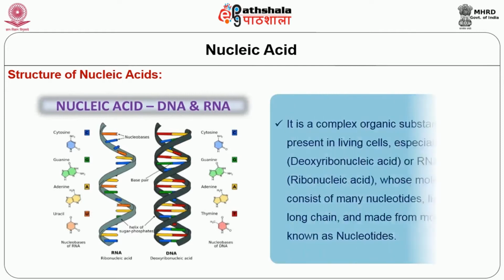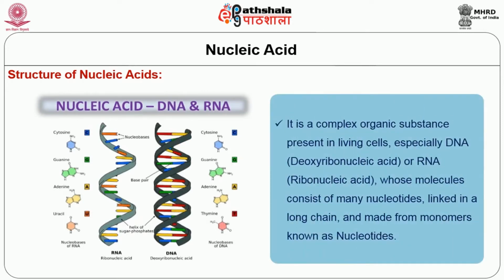Nucleic acid is a complex organic substance present in living cells, especially DNA, that is deoxyribonucleic acid, or RNA, that is ribonucleic acid. These molecules consist of many nucleotides, which form the monomers of these and are linked in a long chain. These monomers are called nucleotides.